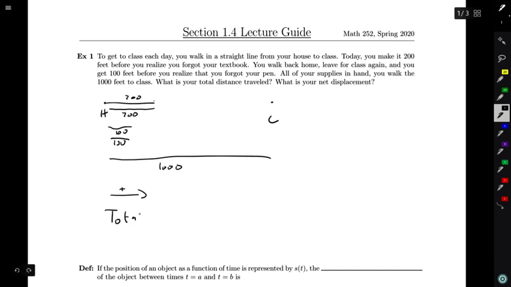So total distance here includes the 200 feet that you walked at first, plus the 200 feet that you had to walk back home, plus the 100 feet that you walked to class, plus the 100 feet that you had to walk back home, plus the 1,000 feet that you had to walk to class, and now we are left with, looks like 1,600 feet.